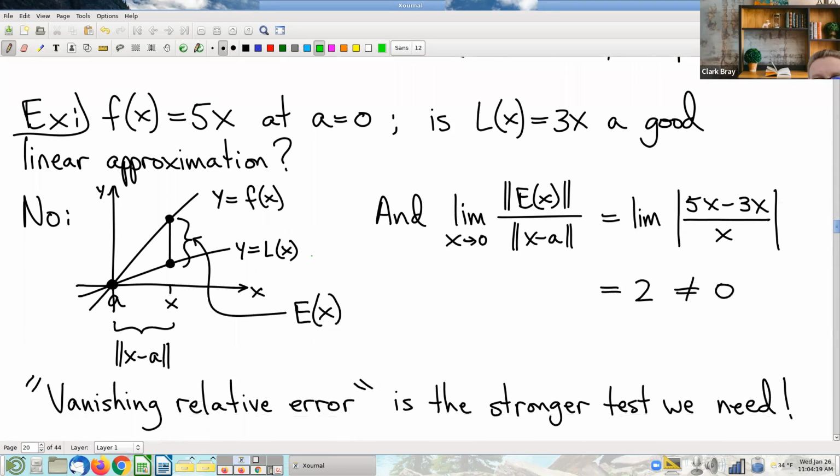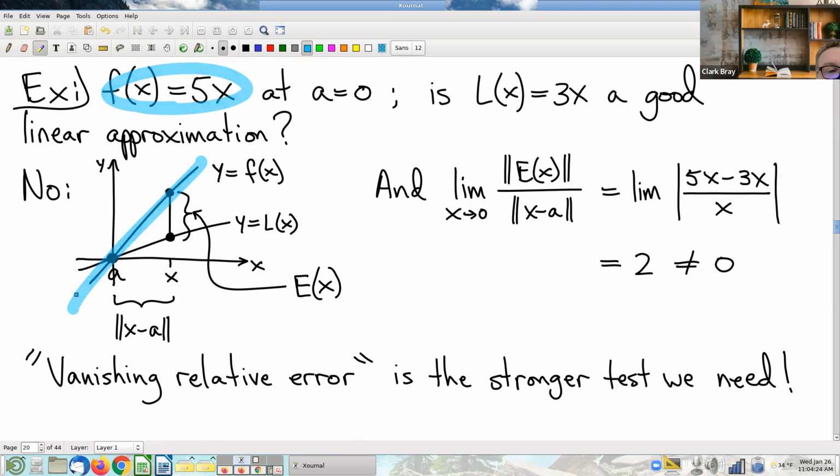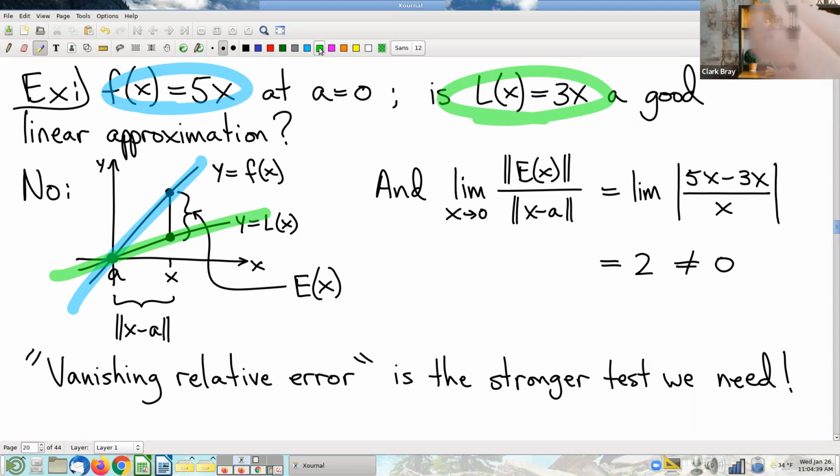And you can see here, we'll revisit this same example we looked at a second ago. This function, this candidate linear approximation, is a laughably bad candidate. The error approaches zero, but the relative error, let's see here, I try to use the same colors. There's the error. But when I divide by x minus a, purple divided by red there, you can look in the picture and persuade yourself that, sure, the error is getting small, but the displacement is getting small at kind of the same rate.